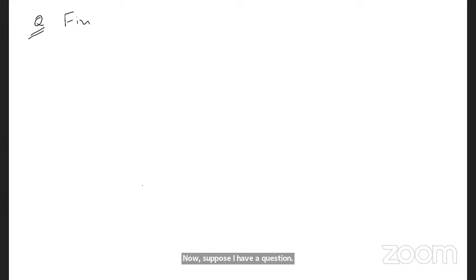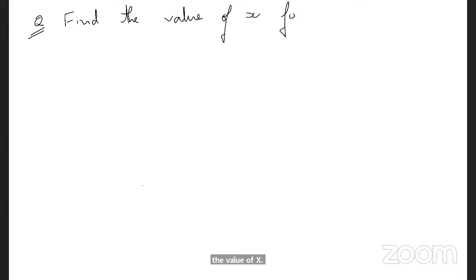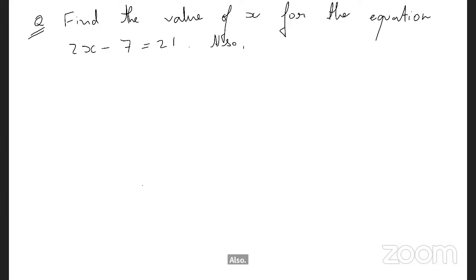Find the value of x for the equation 2x minus 7 equals 21. Also, verify your answer.